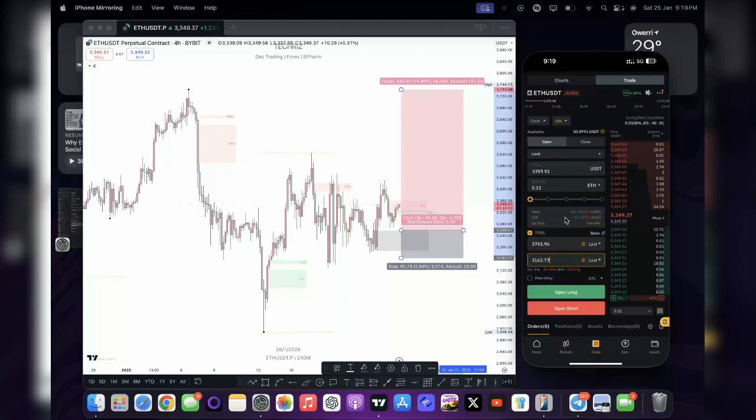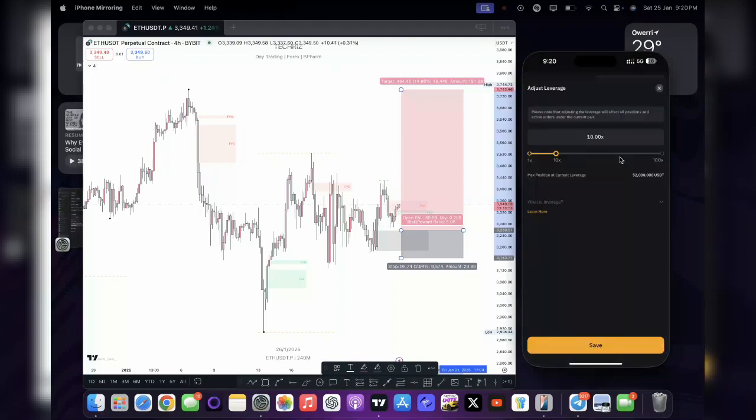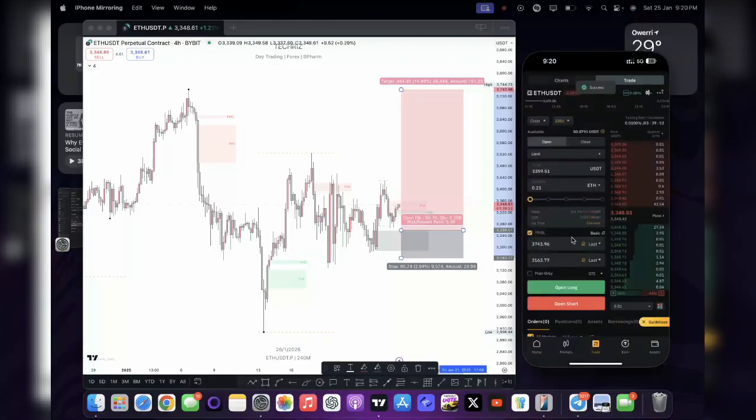But if I change it to 100x, you're going to see how the cost reduces drastically. The cost is now $7.5. You can see how that reduced. Those who trade with quantity are basically those who don't have so much capital, and they want to use the highest leverage.